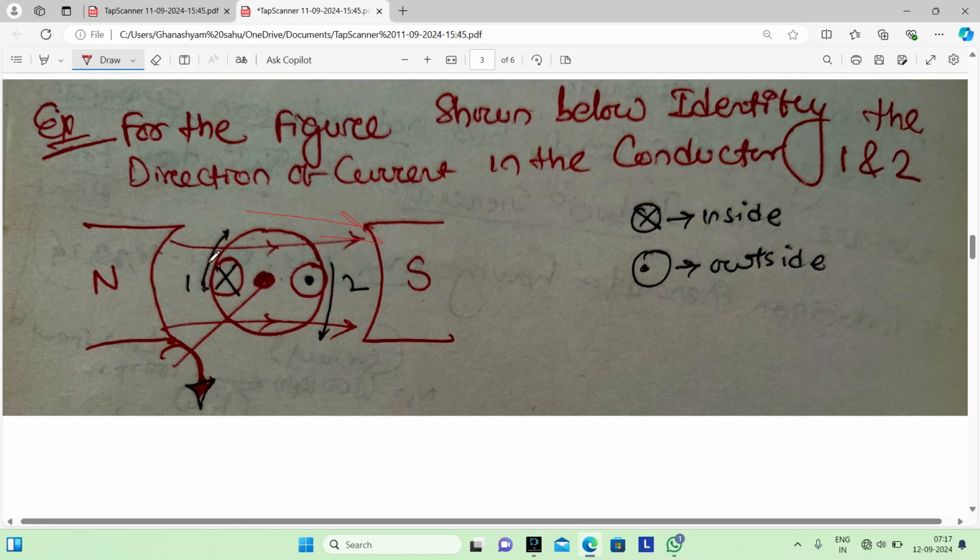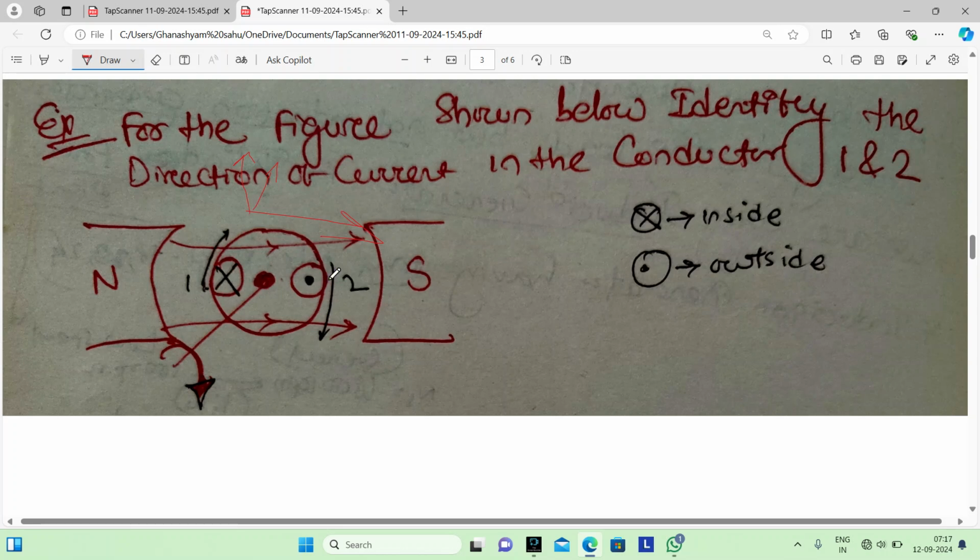Motion of the conductor is upward, this is the flux direction, and the inward direction is our middle finger. So it is inside, that means it is a cross sign. So the current flows inward in this first conductor.